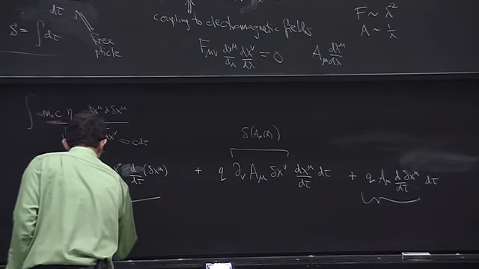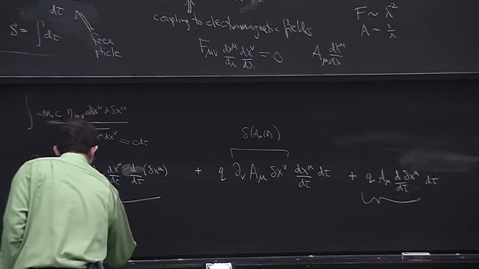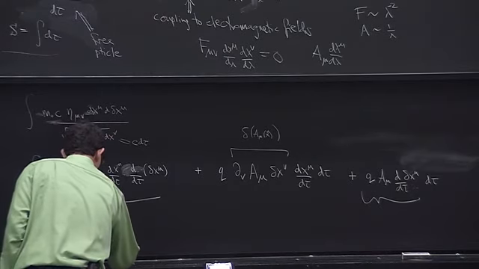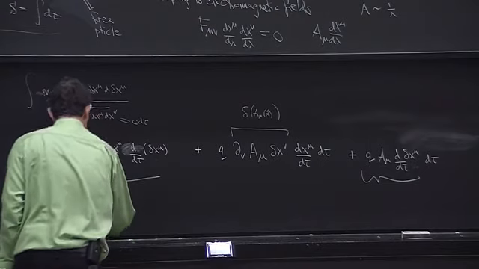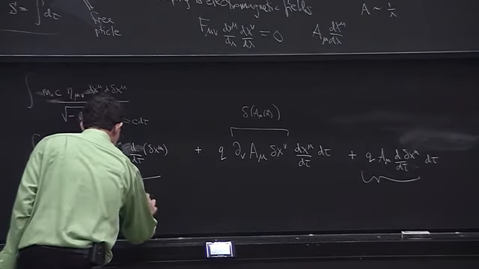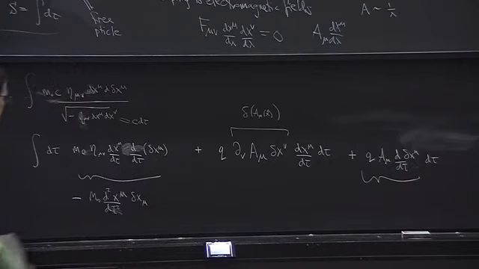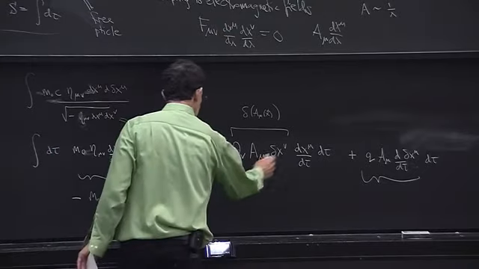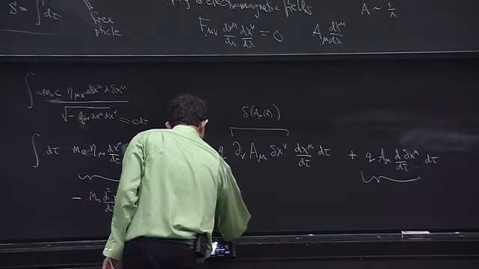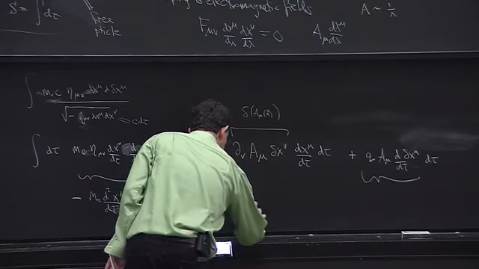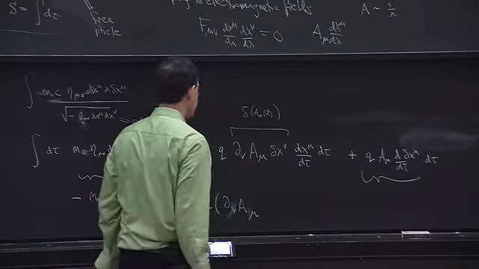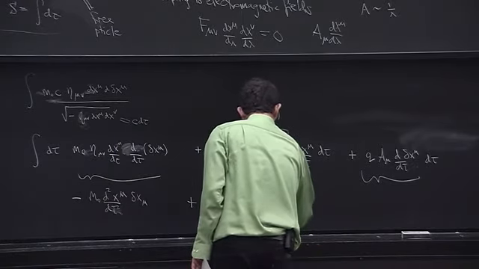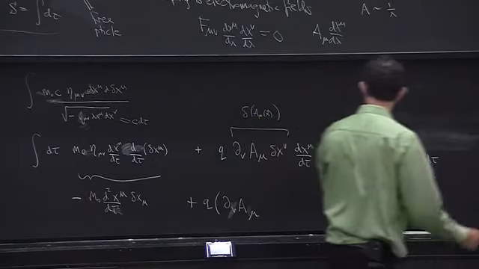So this one gives us minus m naught d2 x mu d tau squared delta x mu. I'm just using the eta to lower its index. This term I can leave as it is. D nu A mu. But this term I'm going to integrate by parts.